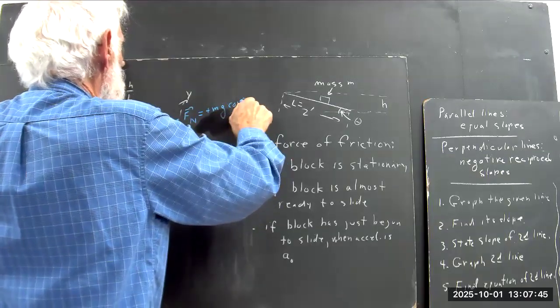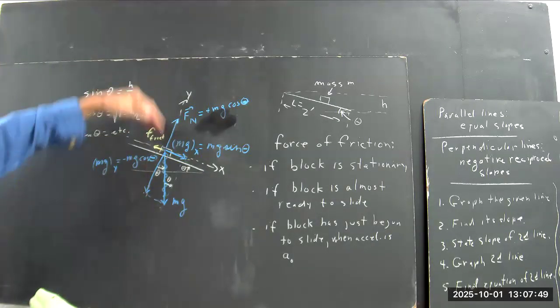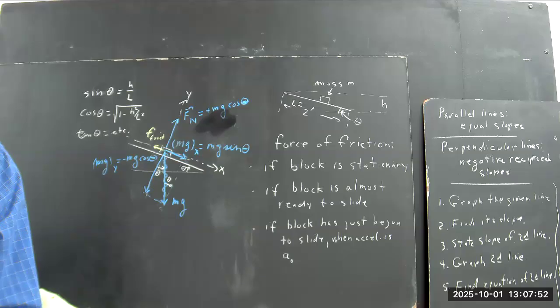It's equal to plus mg cosine theta. Why? Because you have no other forces in the vertical direction. Okay.